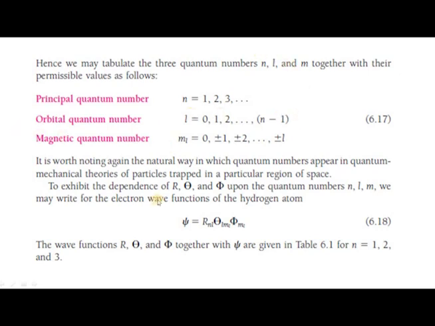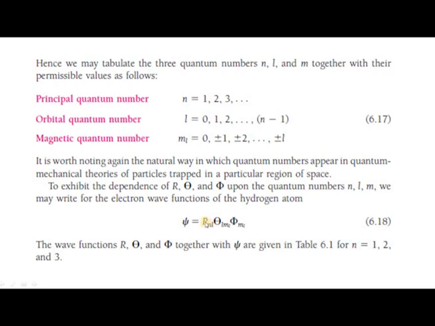To exhibit the dependence of r, theta and phi upon the quantum numbers n, L and ml, you can write the wave function. During the separation of variables, you represented the wave function as a function of r, theta and phi.